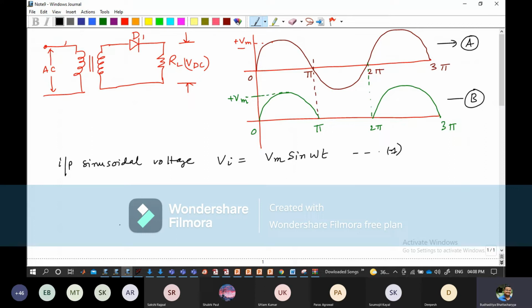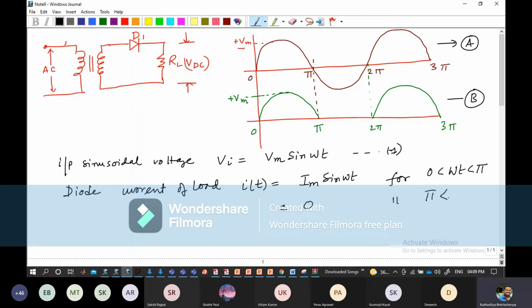Now the diode current across the load will be given very easily. I will write the diode current of the load that we are considering as i equals Im sine omega t for, please observe carefully, the range 0 to omega t less than pi, and it will be 0 for pi to 2 pi.